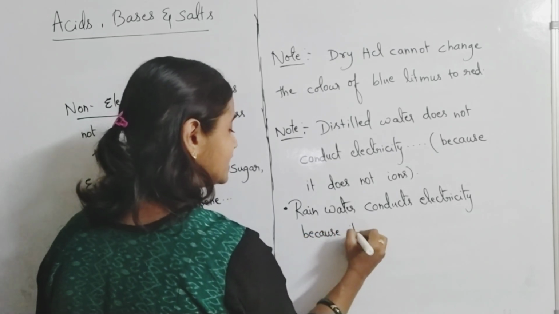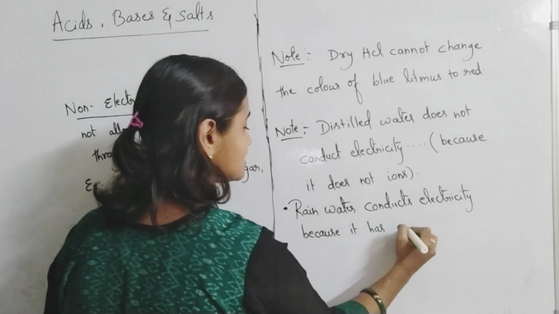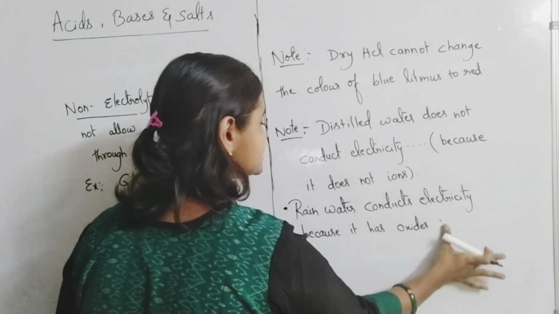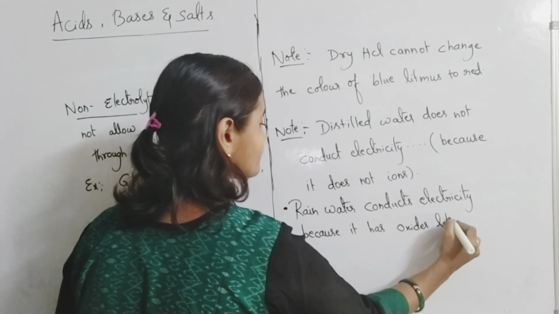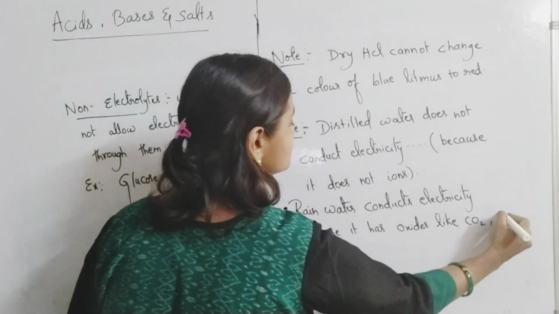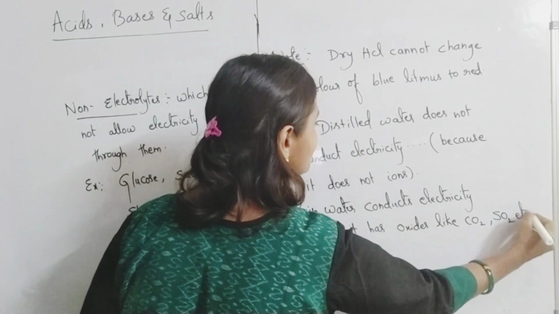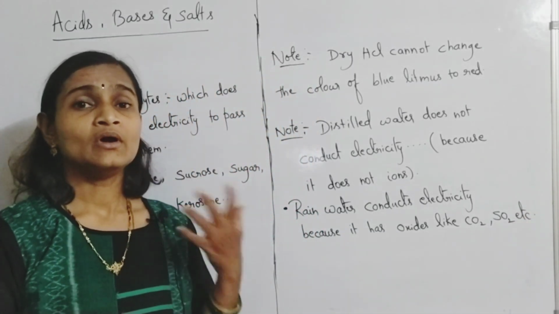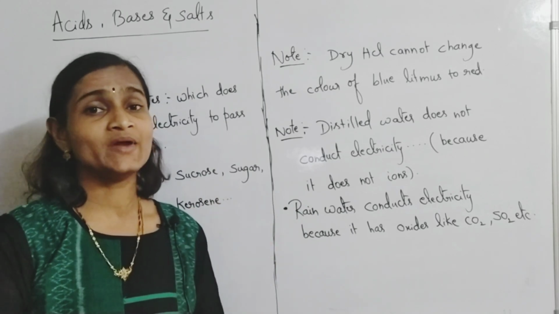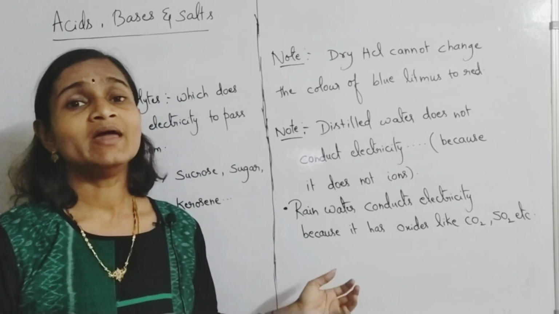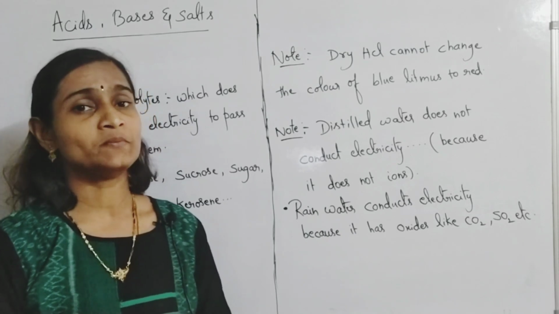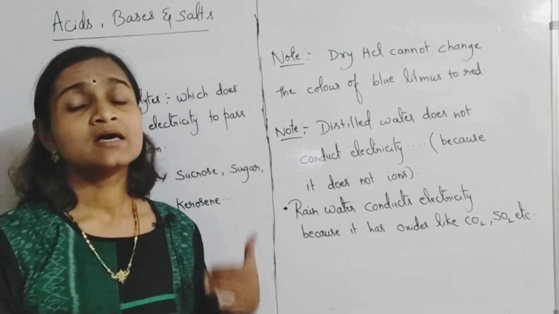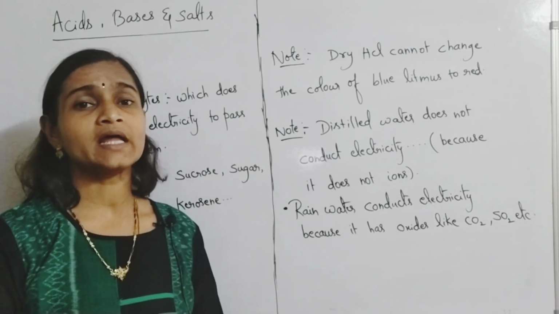Because it has certain oxides like CO2, NO2, SO2, etc. Such oxides liberate H plus ions when dissolved in water, when electricity is made to pass through them. So rainwater can conduct electricity, whereas distilled water cannot conduct electricity.